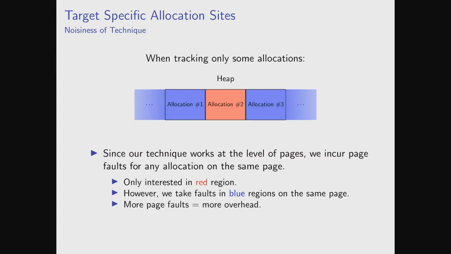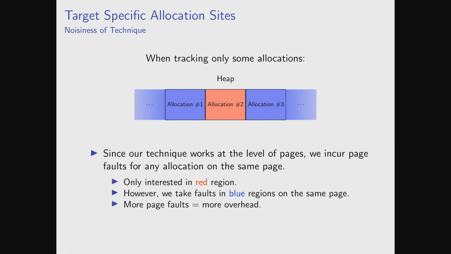However, if we're only tracking certain allocation sites, we end up with situations like this where, let's say we're interested in the red region in the middle, and because we're only tracking certain allocations, the adjacent memory regions might contain other allocations that we are not interested in. But because the technique works at the granularity of pages, we are going to take page faults in these allocated regions regardless, despite the fact that we're not interested in them.